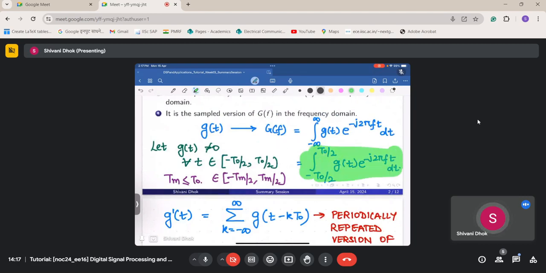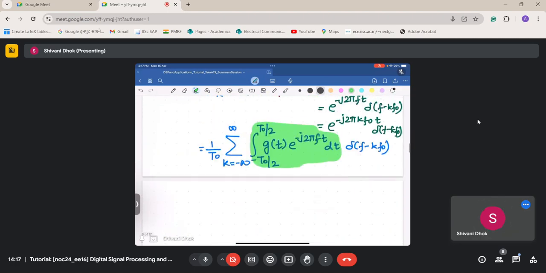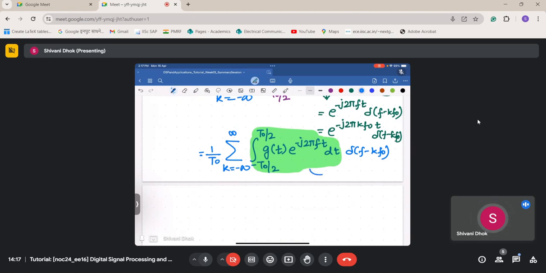This is exactly my capital G of f. So this green thing which I highlighted is simply my G of f. Now I can write this as 1 over T naught summation k running from minus infinity to infinity G of f into delta f minus k times f naught.